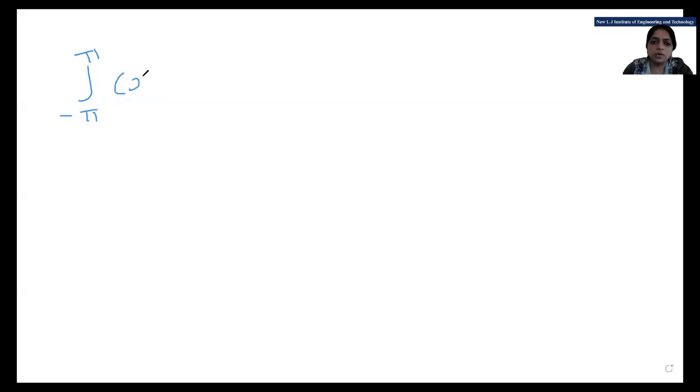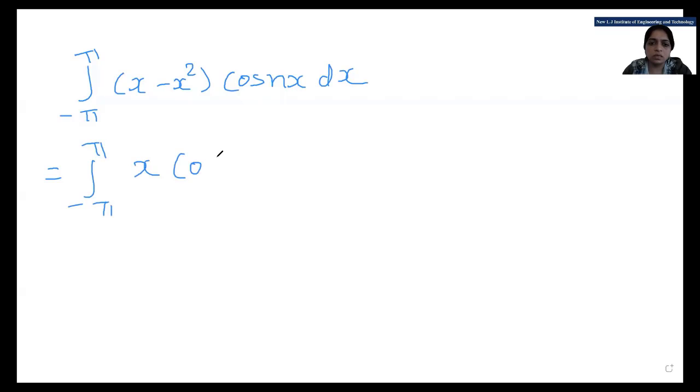If we have x minus x square into cos nx dx, then we get the integral from minus pi to pi of x cos nx dx minus the integral from minus pi to pi of x square cos nx dx.